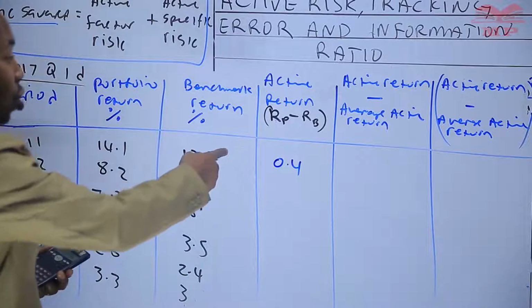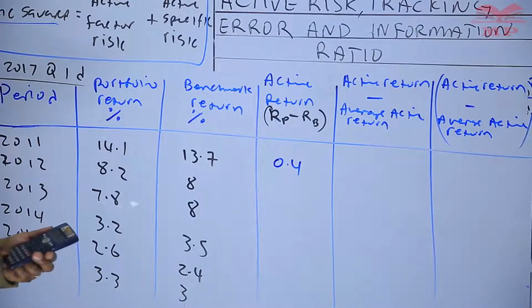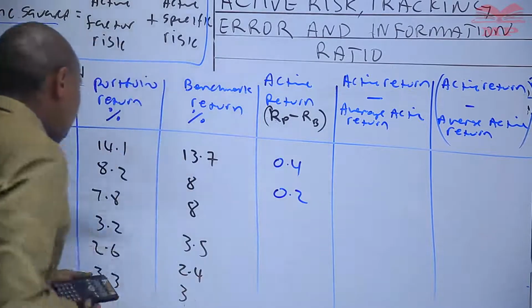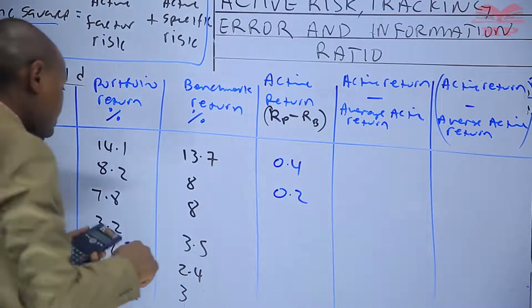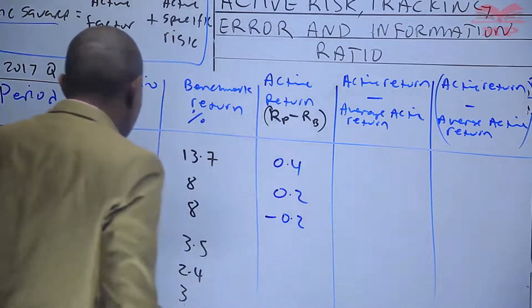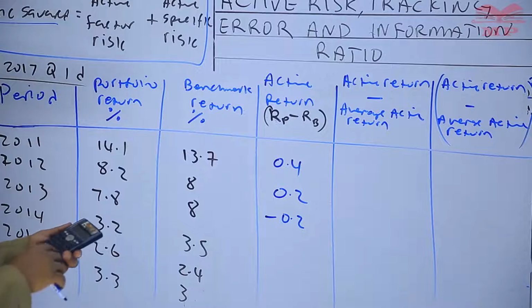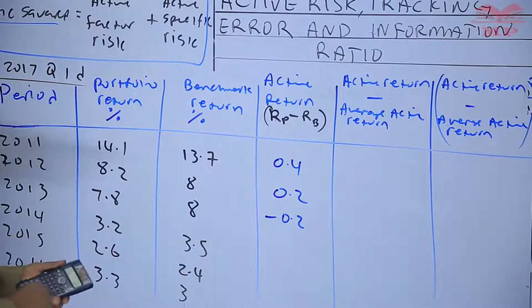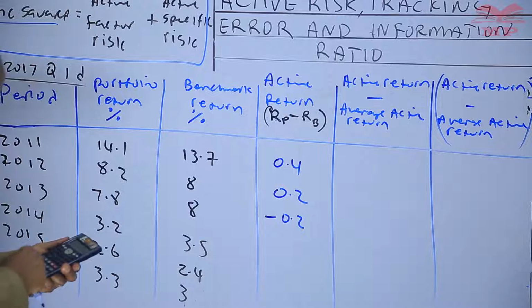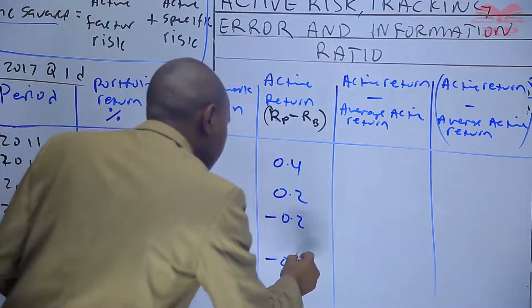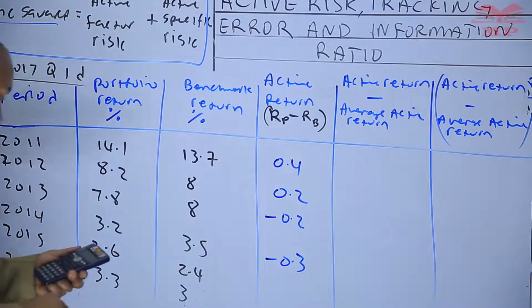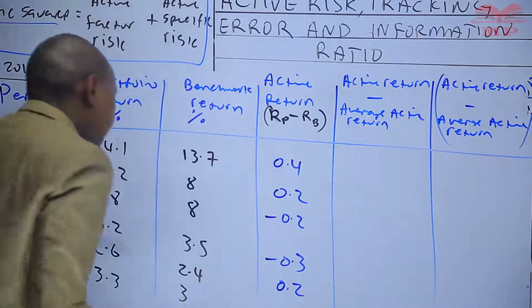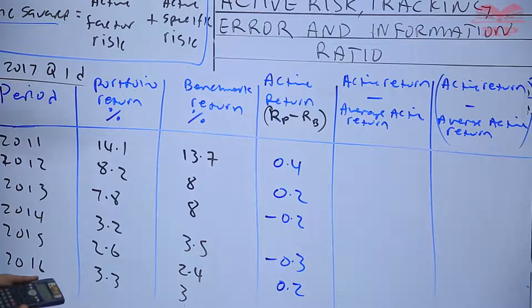Then we have 8.2 minus 8, that's 0.2. 7.8 minus 8, we have negative 0.2. Then 3.2 minus 3.5, that's negative 0.3. Then 2.6 minus 2.4, we have 0.2. And finally, 3.3 minus 3 is 0.3.